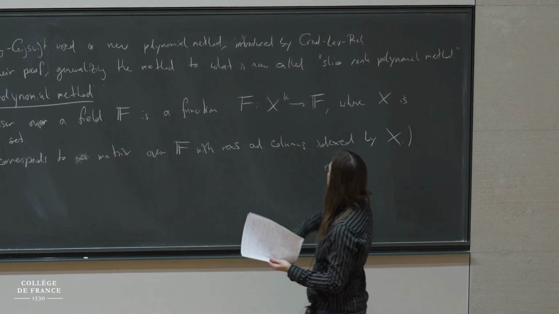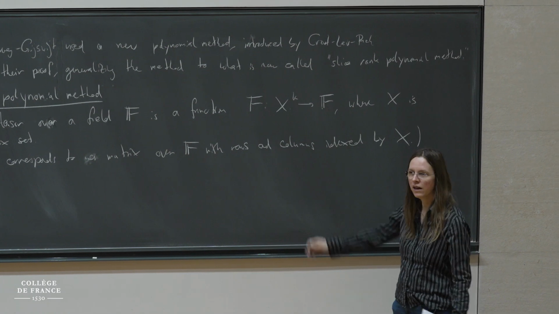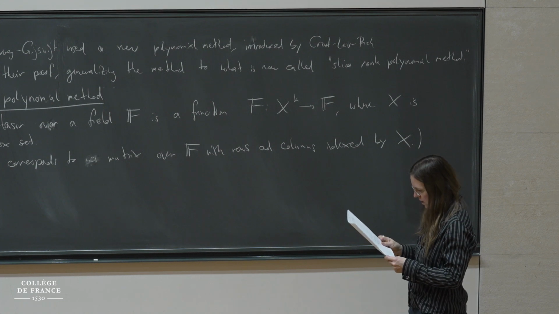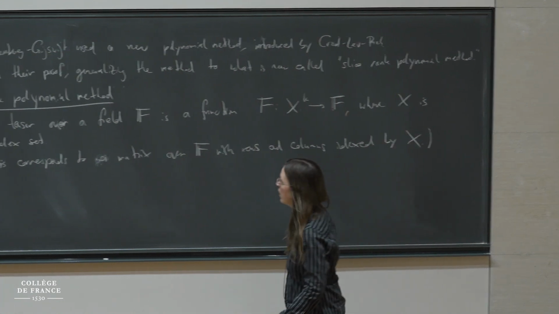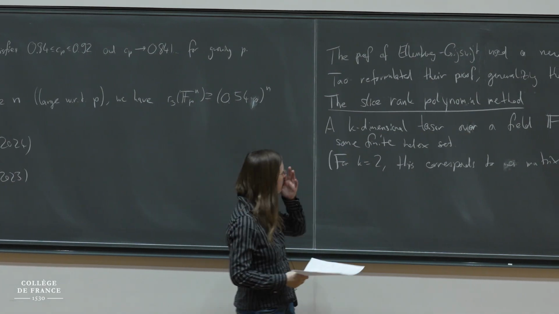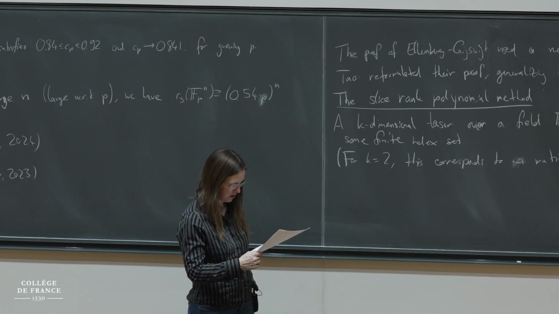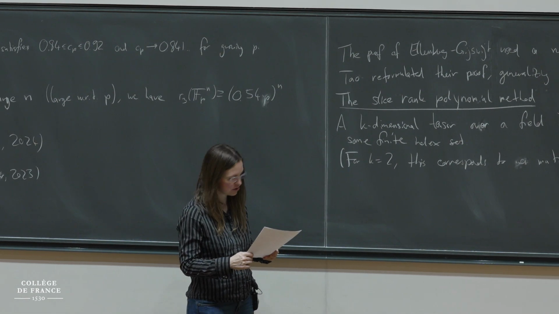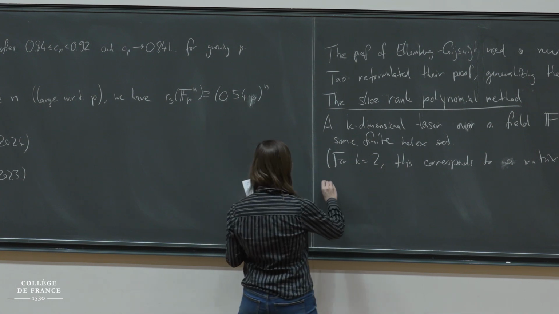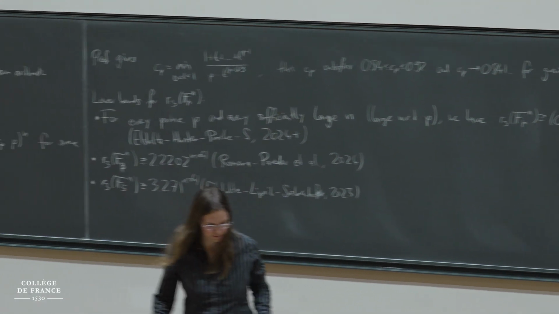You can think of it as a hypercube with numbers or field elements in it in some grid-like way, and the directions of the hypercube are indexed by X. This notion of tensors existed long before, and there also were previously existing notions of rank for such tensors, but Tao defined a new notion of how to define a rank of such a tensor, and this rank is called slice rank. Okay, so let's define this, and maybe I actually have to write that on the next board because the definition is a bit long.